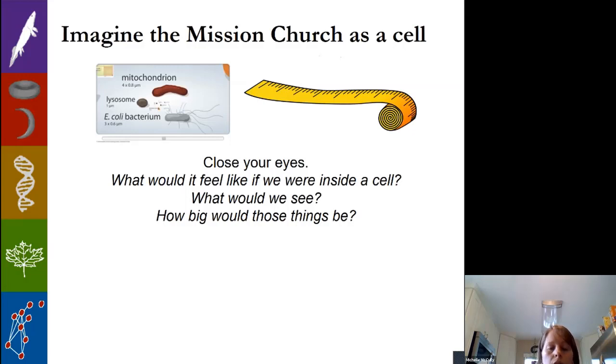So first of all, what would you hear? Cells are primarily made up of water, so it would probably sound a lot like you're underwater. You would probably hear some humming and buzzing with all of the protein molecular machines whirring around and moving around. What would it feel like?